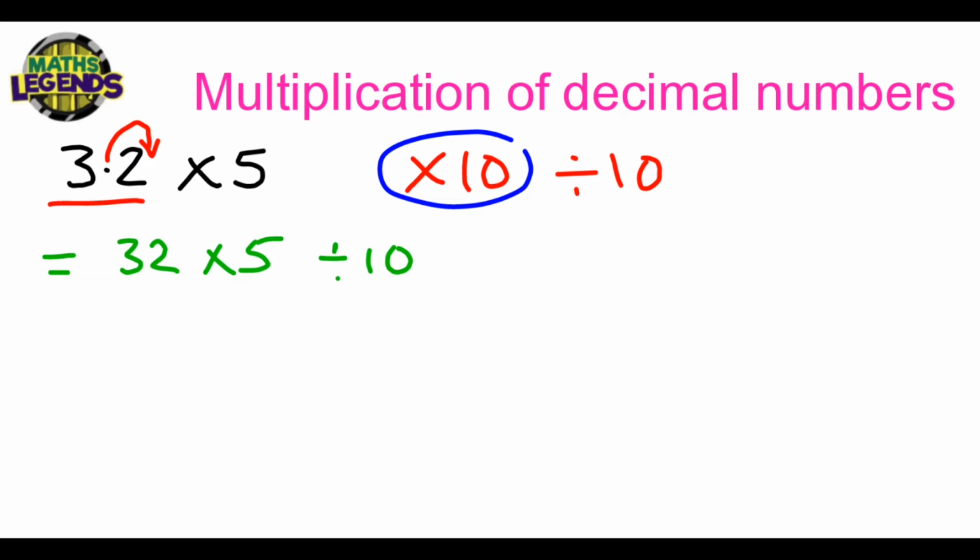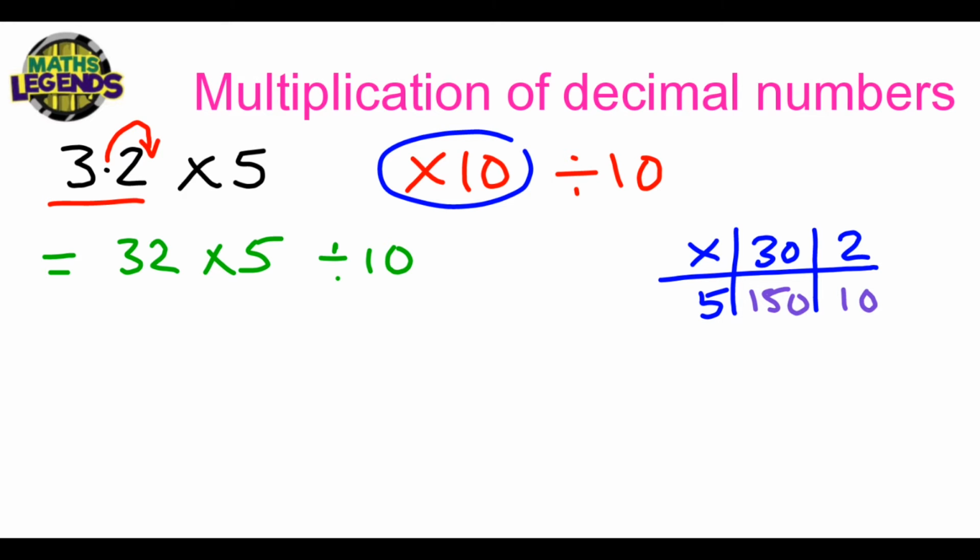So 32 has two numbers, so we place two lines here, and 5 has one number, so we place one line going across, and place the times in the top left. We fill in the numbers, so 30 and 2 and 5. We then fill in the boxes, so 5 times 30 is 150. That's 3 times 5 is 15, adding the 0 from the 30, and 5 times 2, which is 10.